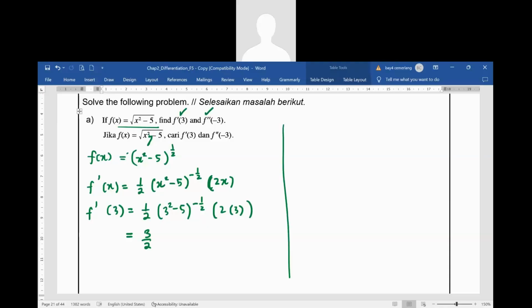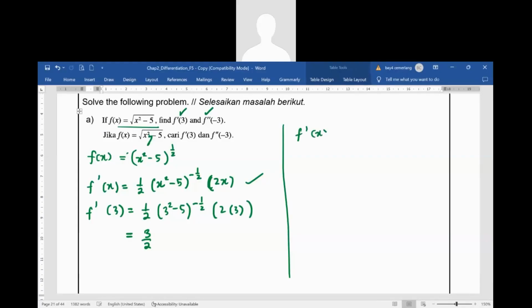Okay, right, good. So next, we find the expression for f prime prime. Take from here. But we need to simplify a little bit, because you have 2x hanging like this.